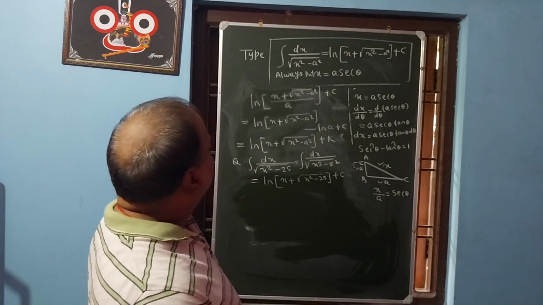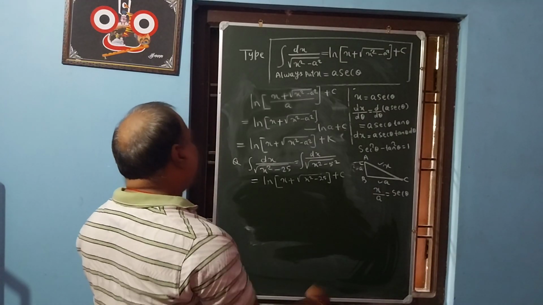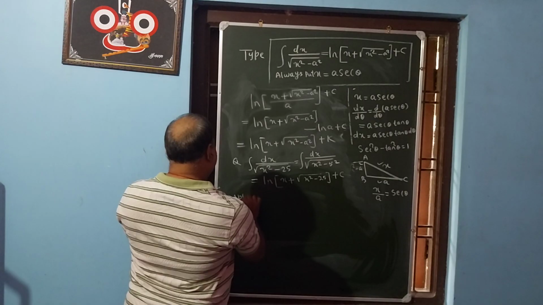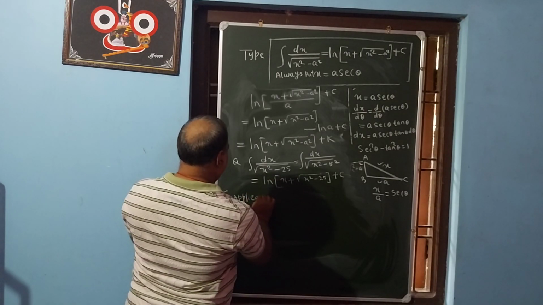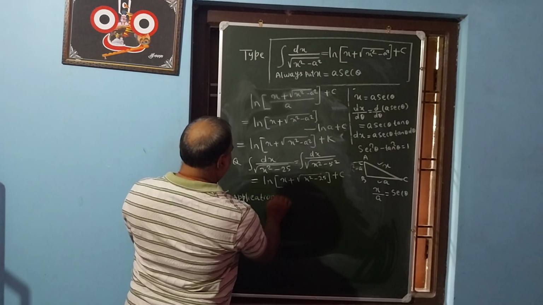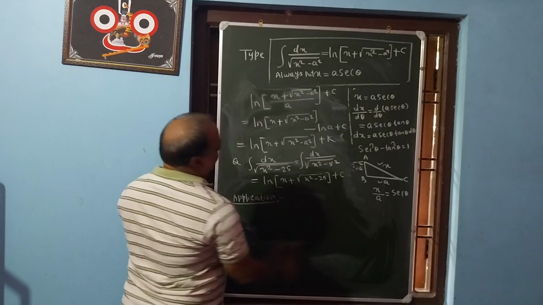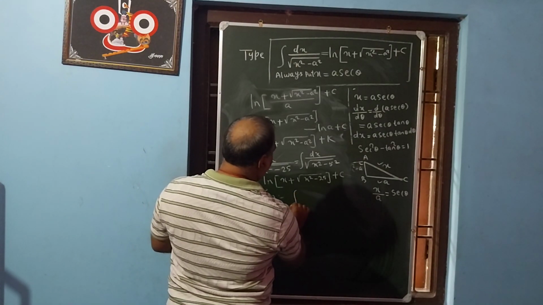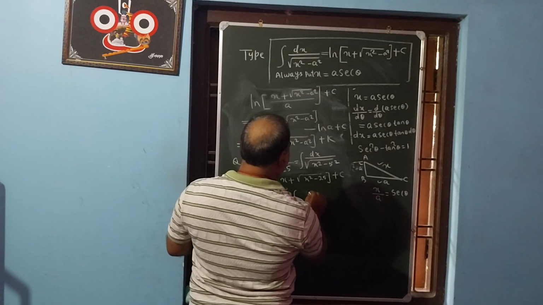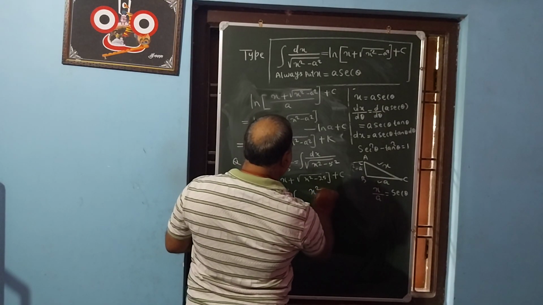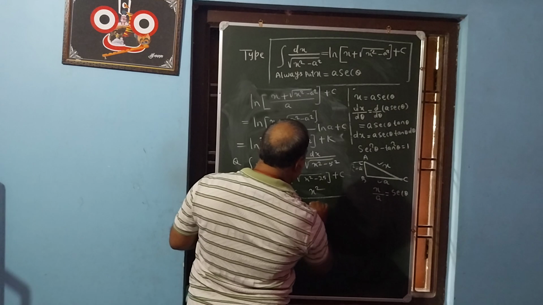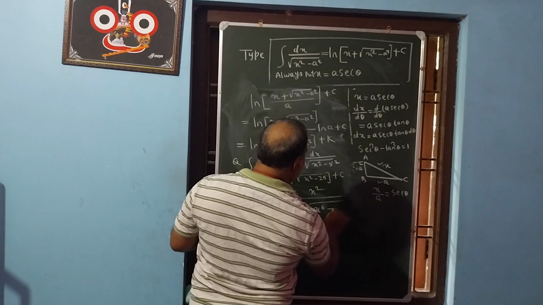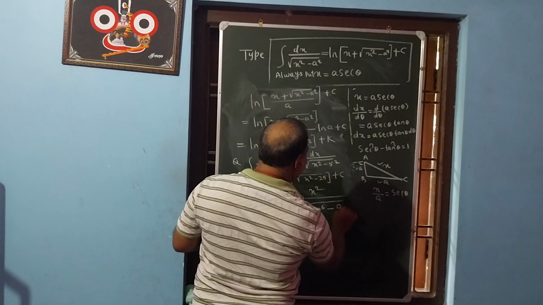Okay. Now how can you apply this formula? Write down application. So the integration of x square dx over the square root of x to the power 6 minus 9.